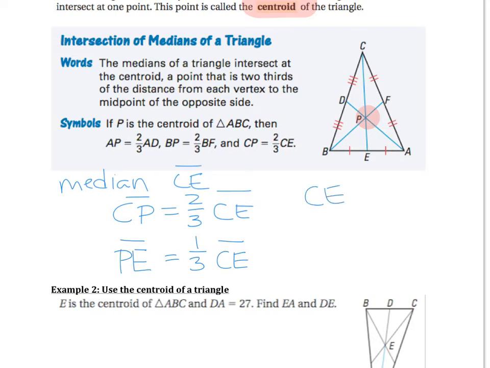The whole length equals 3 times the shorter length.